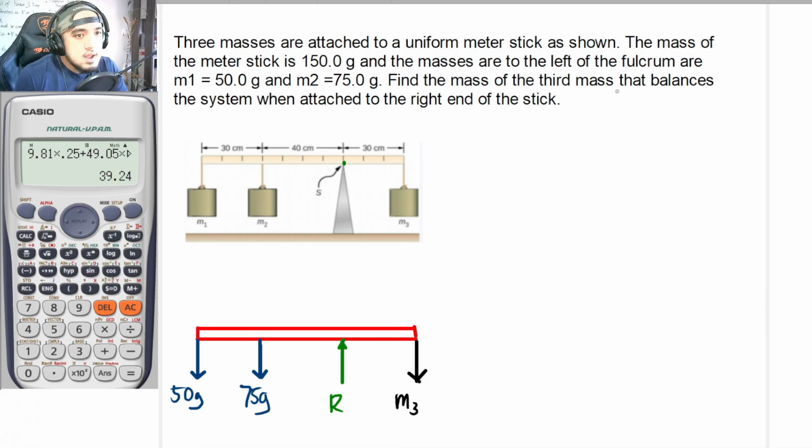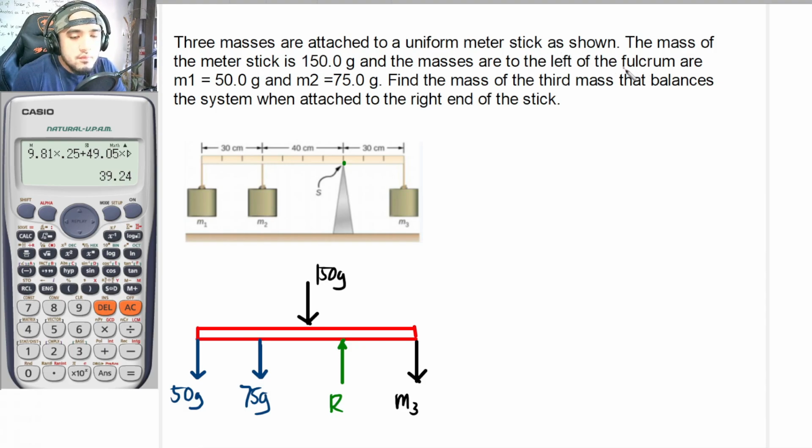Okay, so as said here, the stick is 150 grams. So if the stick is 150 grams, of course we would be applying another force here at this particular portion, and this is 150 grams. So is the center of gravity given? It is not.